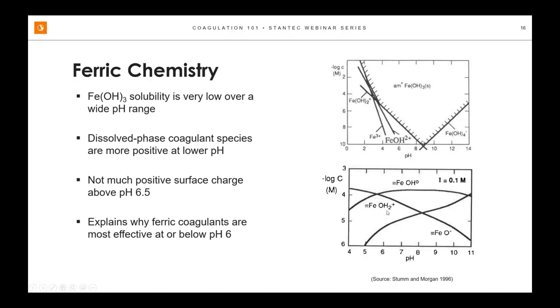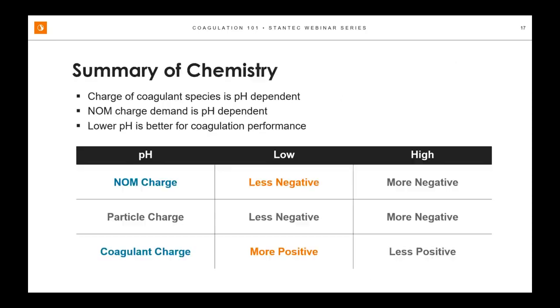These positive surface charges don't show up in appreciable concentrations until you're in the mid to low 6s. So in a lot of places you won't be able to use ferric coagulants very effectively until you drop that pH down to 6, 6.5 or 6 in some cases. Okay, so ferric is a low pH coagulant if you really want it to be working well.